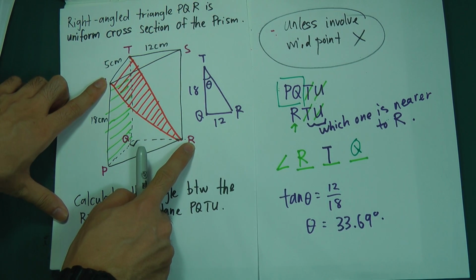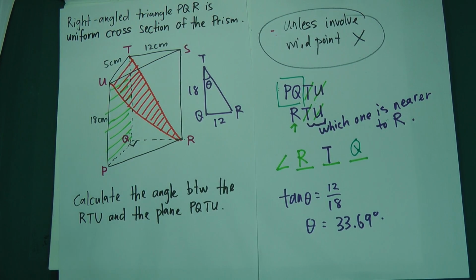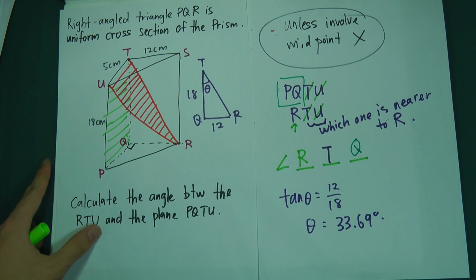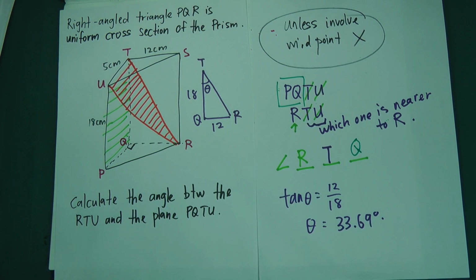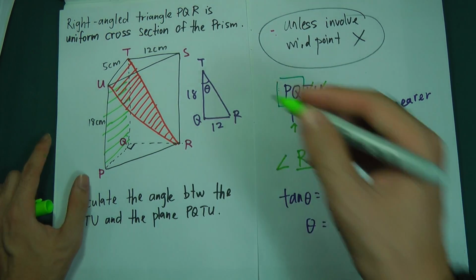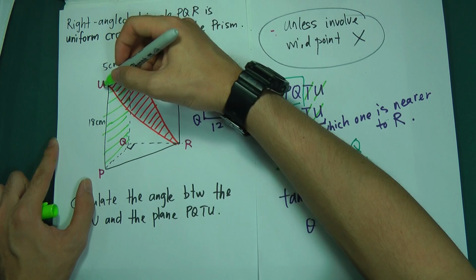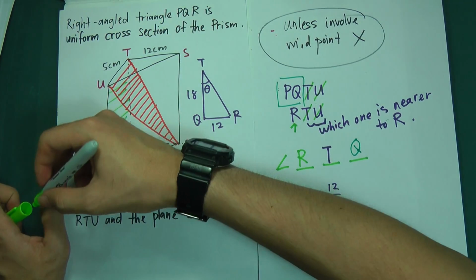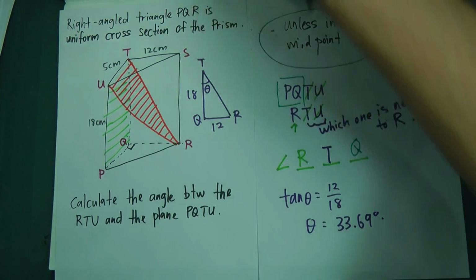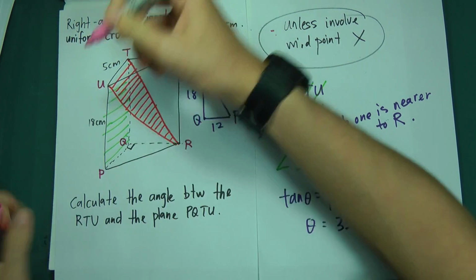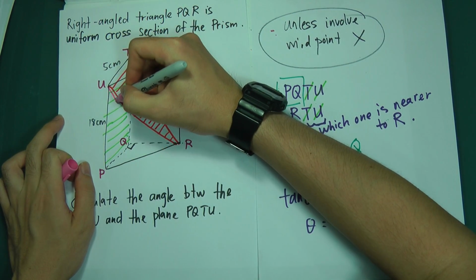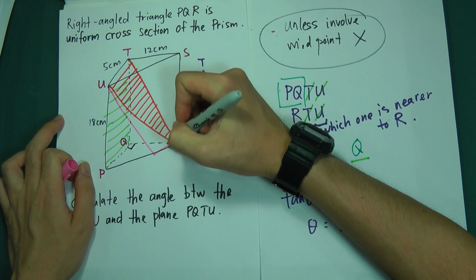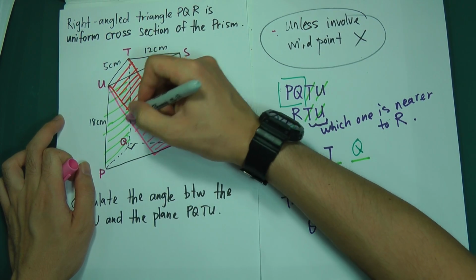And then normally when I do this kind of question, sometimes the question is drawn so that it is very hard for me to see the angle on between. Sometimes this one is a triangle plane, so I will add to it myself to make it look like a rectangle plane.